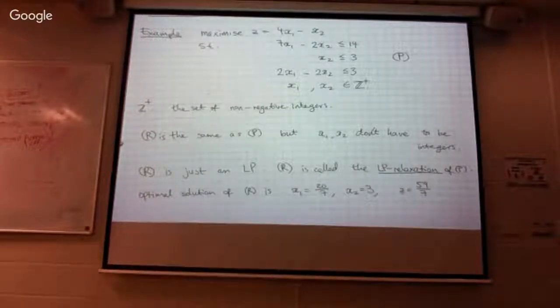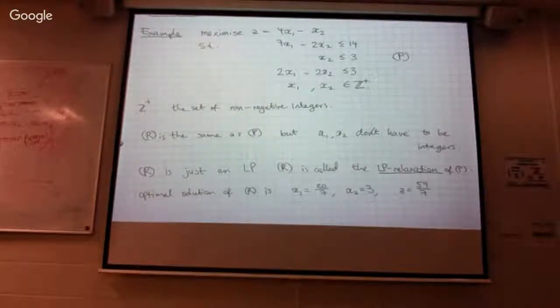Does this give you any information about the optimal solution of P, the original problem we were trying to solve? Pardon? x2 is going to be 3? Not necessarily. That's not the information that you get, but something else. The objective can't be higher than 59/7.